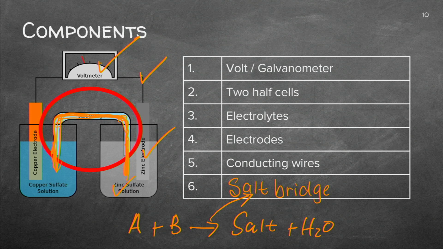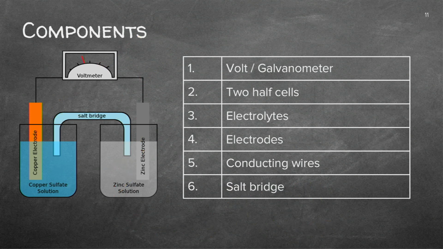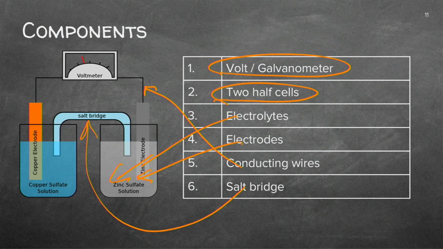So let's just quickly have a look. Have you got your voltmeter or galvanometer? You know there are two half cells. You've got the electrolytes in the solution. The electrodes will be linked to the voltmeter or galvanometer. You've got your connecting wires that conduct electricity, and now you've got your salt bridge.